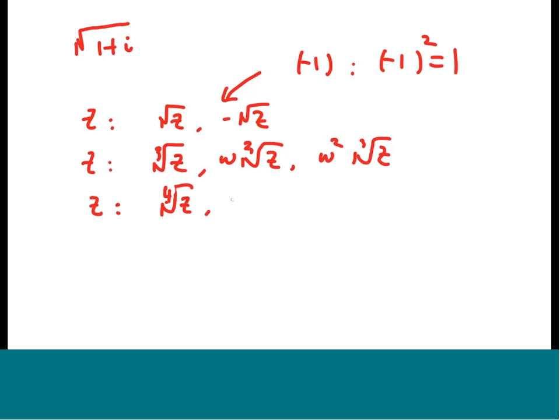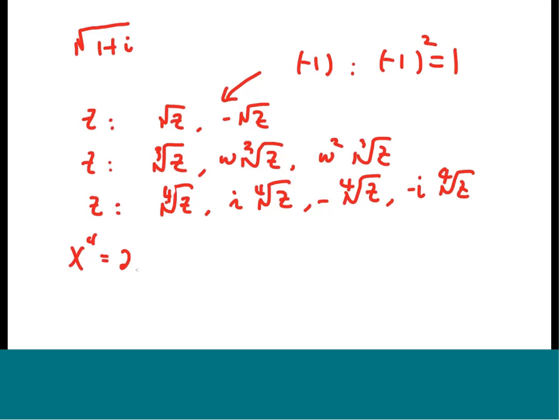Then going to be i, then -1, then -i. For example, x to the 4 equal to 16.